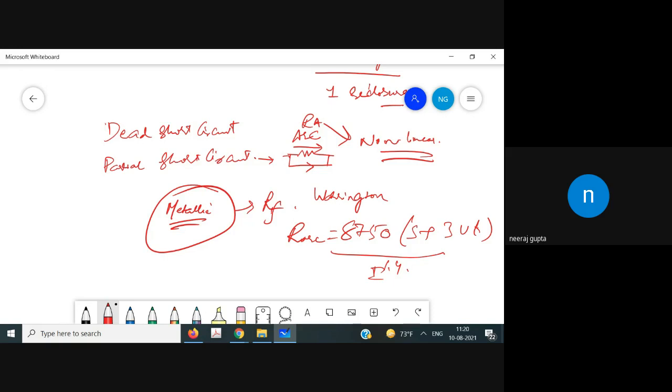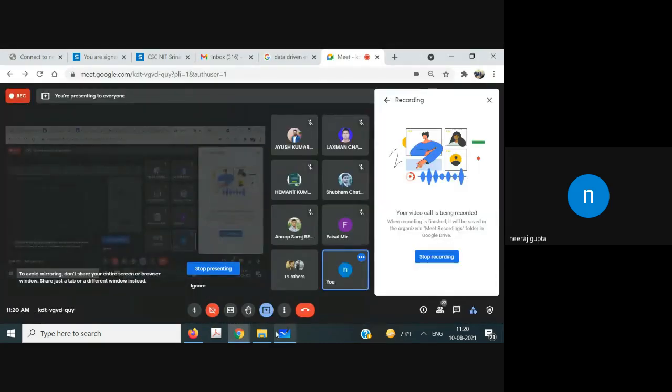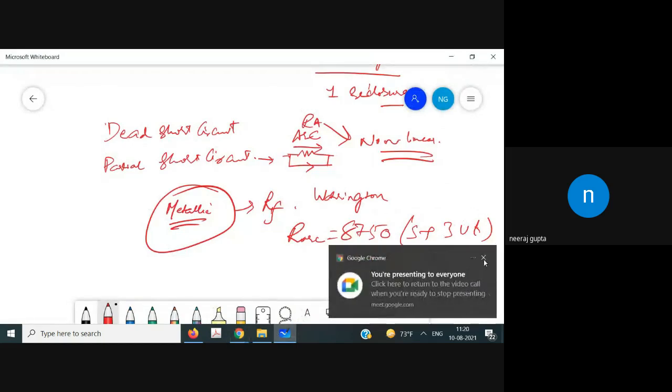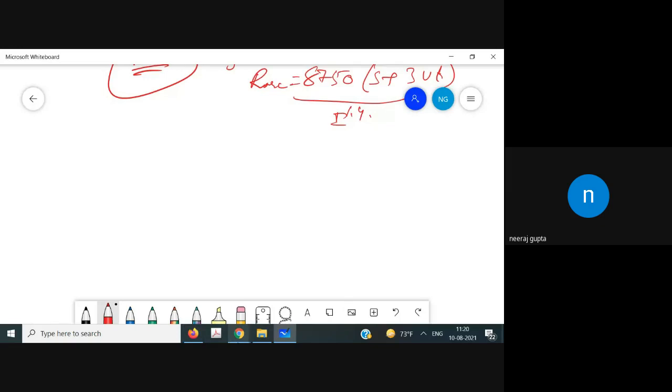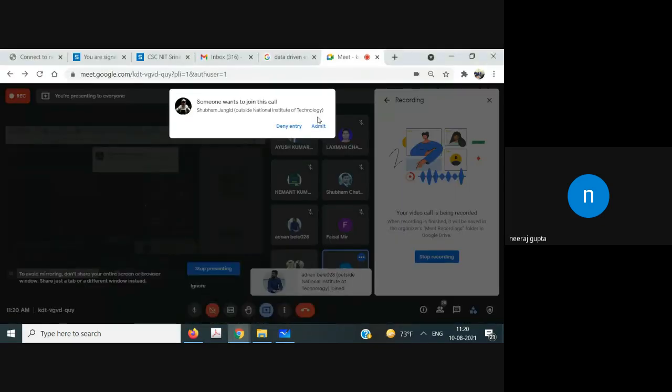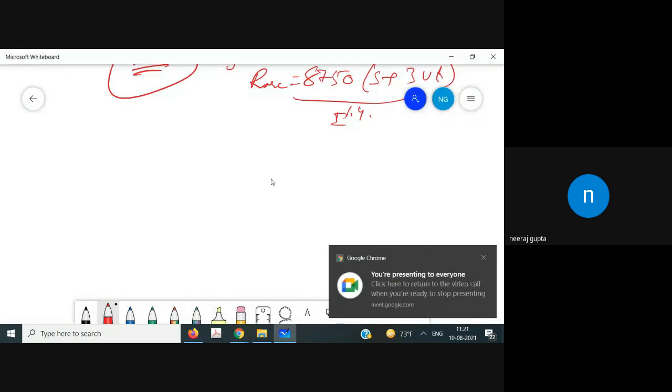Now the question arises: what are the effects of the shunt faults?